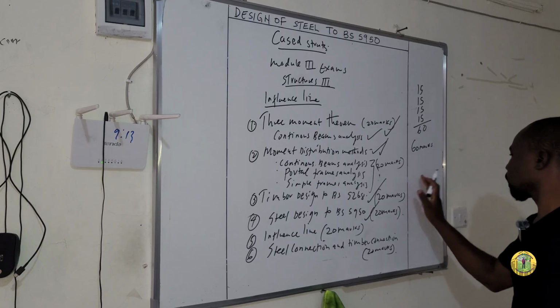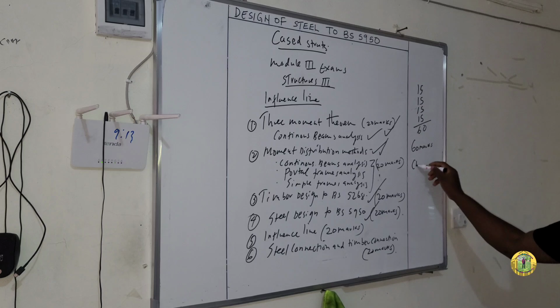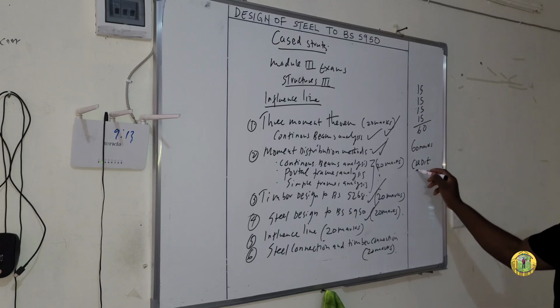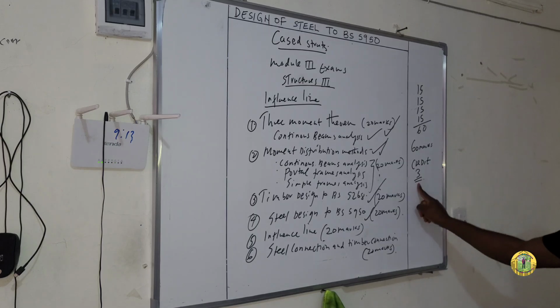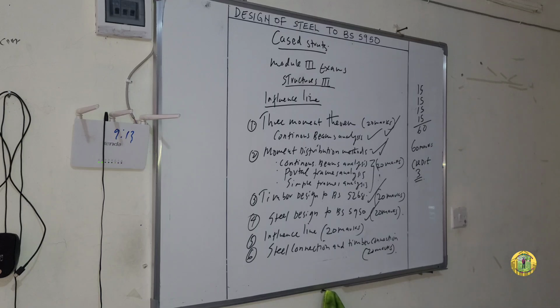So this is a credit, and you will get a 3 in your exams after the results have been released. So specialize on this. Don't study all of these topics. Just specialize and you will pass your exam very well.